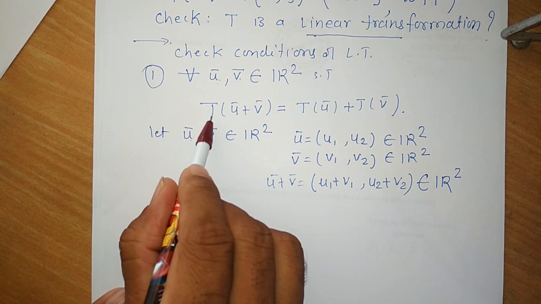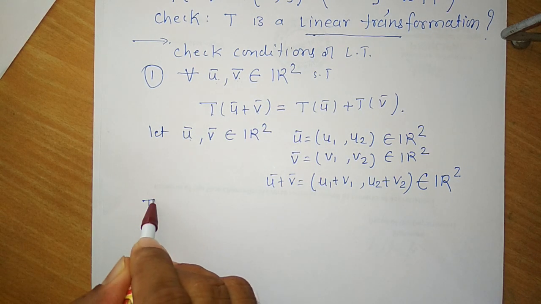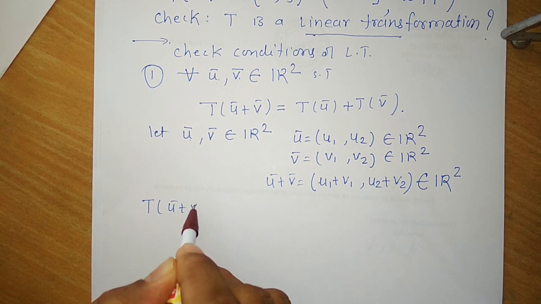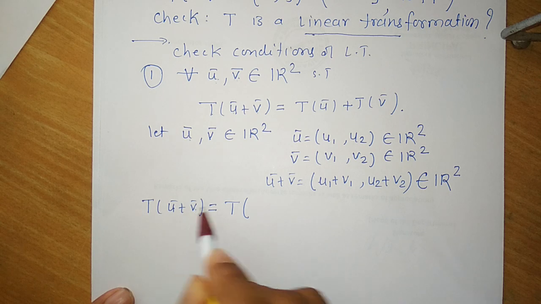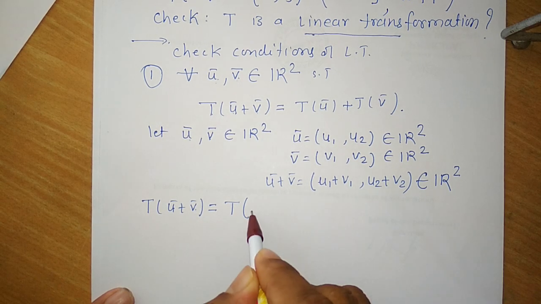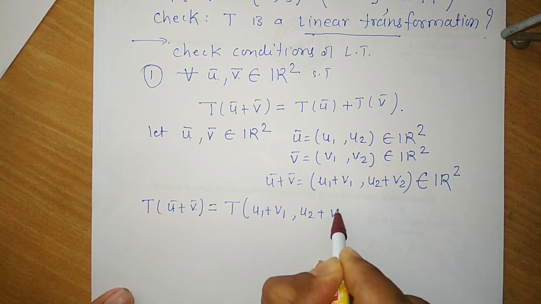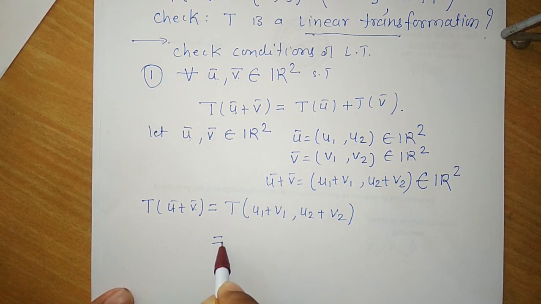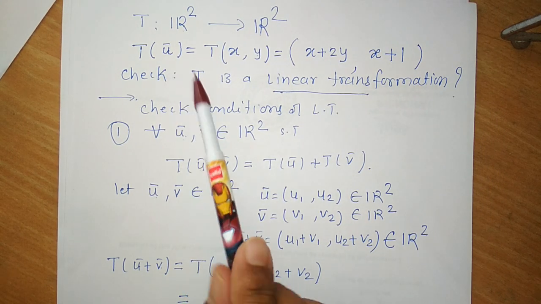Now find the image of the left side, T of u bar plus v bar. The vector u bar plus v bar is u1 plus v1 and u2 plus v2. Now see what function is given.